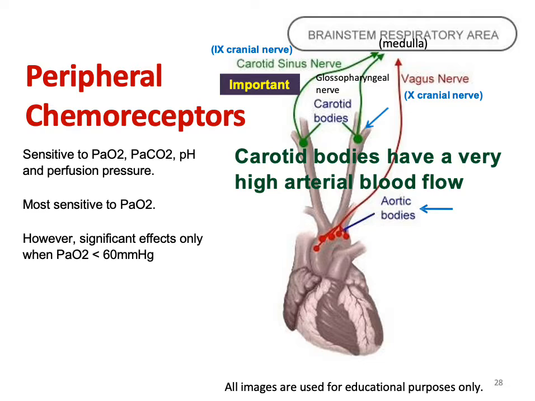You can see here we have the aortic bodies in the aorta, and also the carotid bodies here. The carotid bodies have very high arterial blood flow, and are very sensitive to the partial pressure of oxygen and also carbon dioxide and pH, but more sensitive to the partial pressure of oxygen.